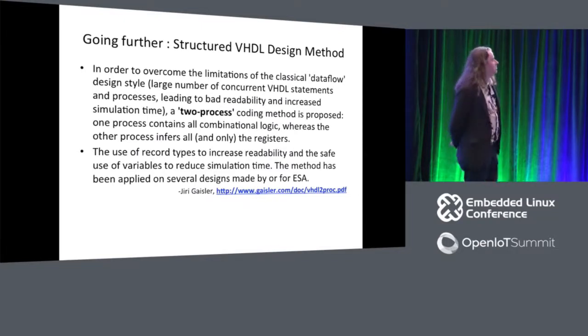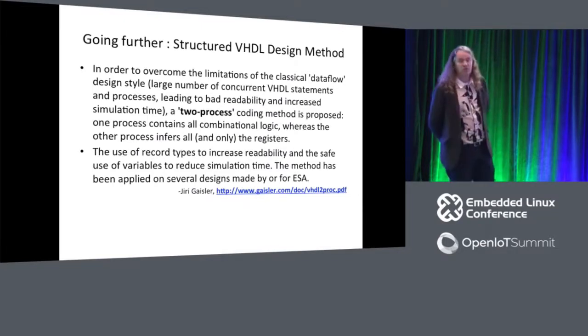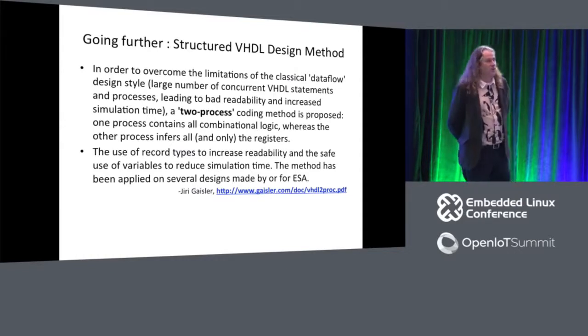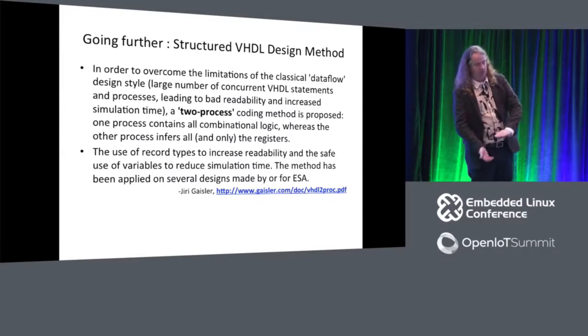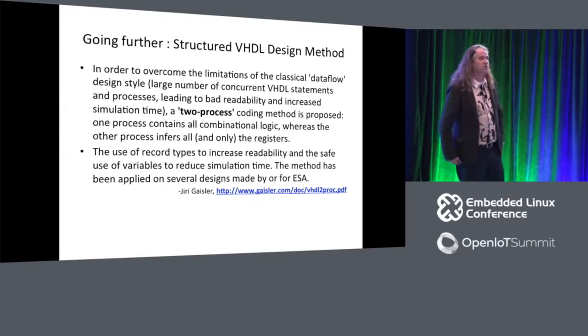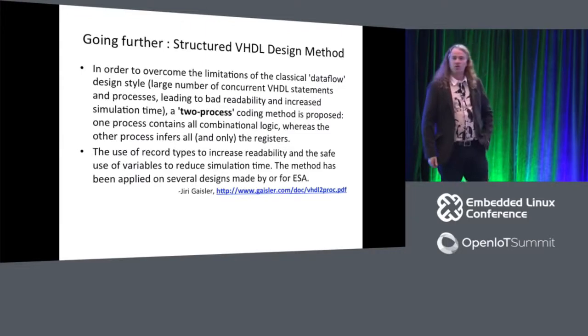So the design methodology that we used for this is called the two-process method. And when you look at the two-process method, it makes an awful lot of sense if you're used to doing software programming. It actually is different than, okay, I need a latch, so I'm going to put an always loop in Verilog there, and there's a process for that, and a process for this, and a process for that. Our CPU probably has three processes in total.